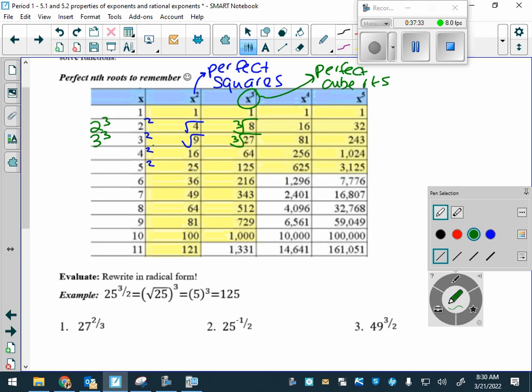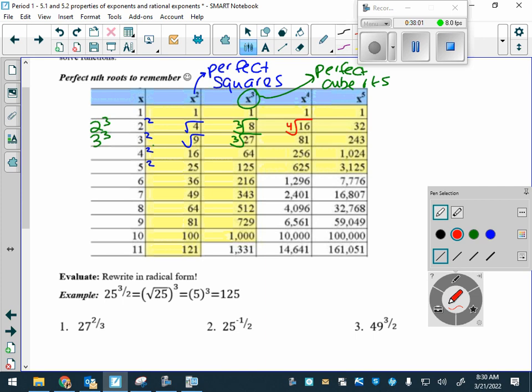So see how they're connected. So the last 2 columns are the perfect 4th root and 5th root. So the 4th root of 16 is 2. So that means 2 to what power gives me 16? 4. 3 to the 4th gives me 81. Okay, so that's how they're interchangeable.